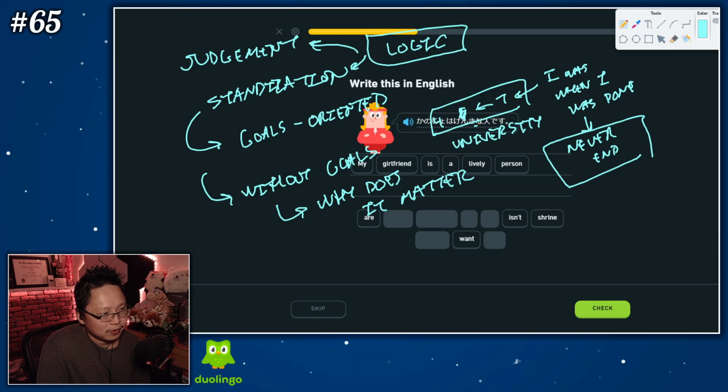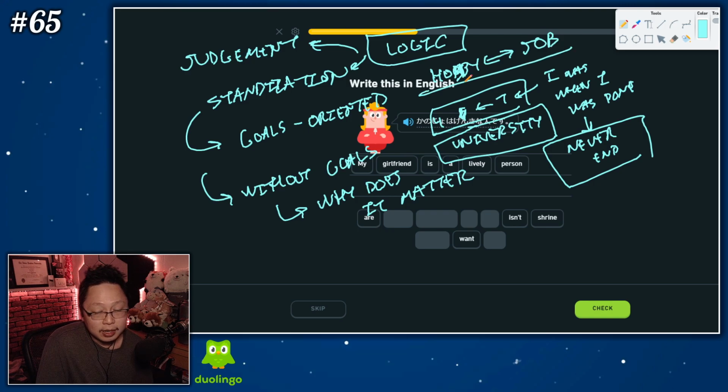But you've got to have standards. That's pragmatism. In the professional world, jobs get done with standards. Jobs get done with goals. If you're a hobbyist, one of the defining lines between a job and a hobby is that a job has goals.